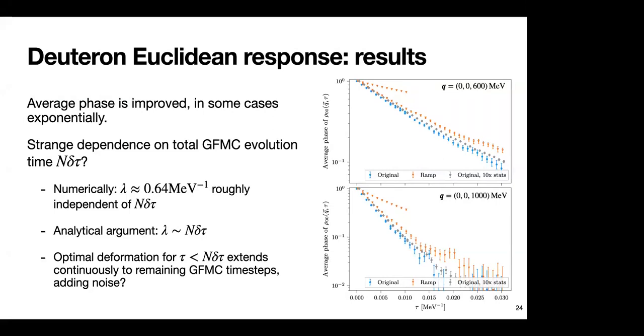I'm inclined to think of this as: you have a certain amount of room to deform your contour before you've gone so far into complex space that everything inevitably becomes very noisy. And so if you're going to have a time-dependent contour where you're deforming further and further, then the longer you want to run the time, the less deformation you can do per time step, and therefore the less improvement you can get typically. Is that basically what's going on here?